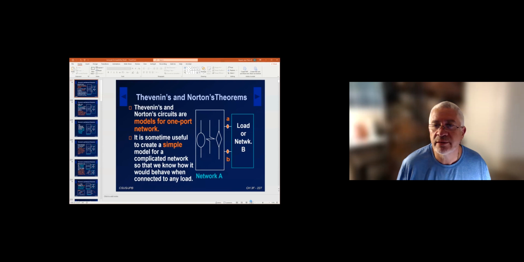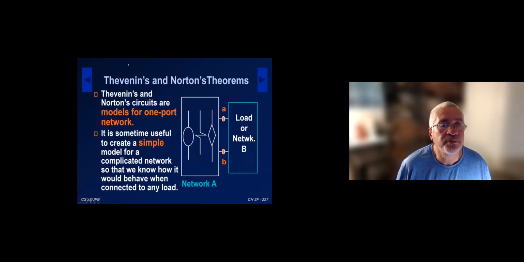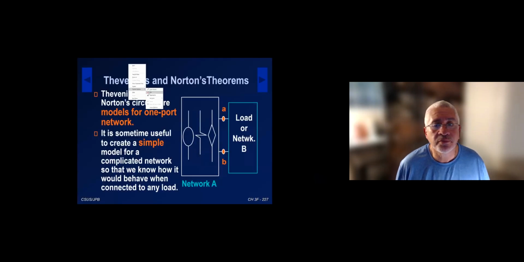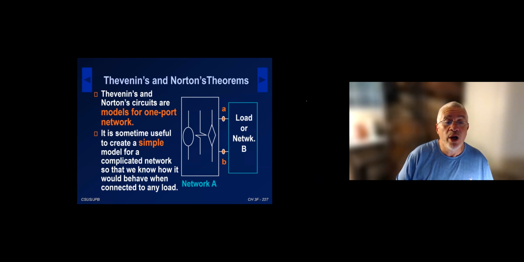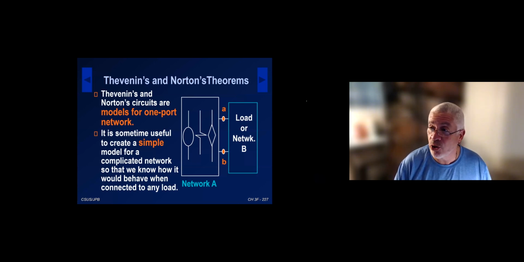So let's go to the PowerPoint here and do a little bit more of a generic introduction. Today we're looking at Thevenin and Norton models, circuits, and equivalent circuits for what's called a one-port network.